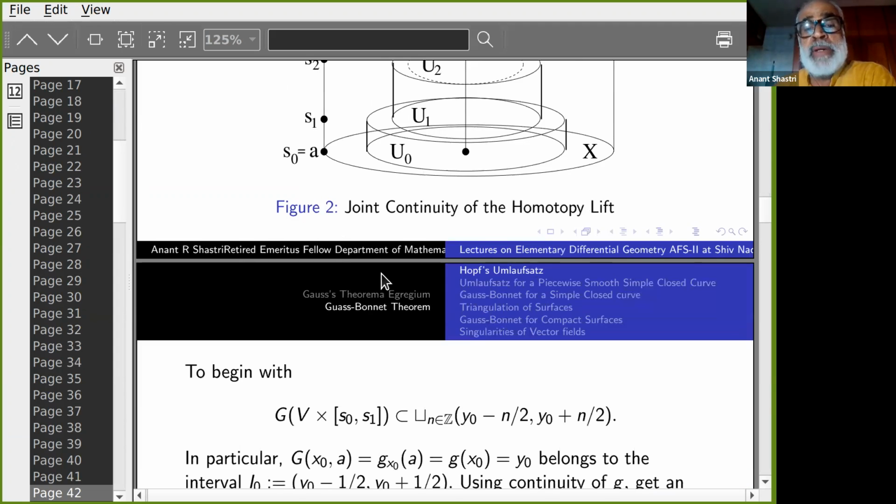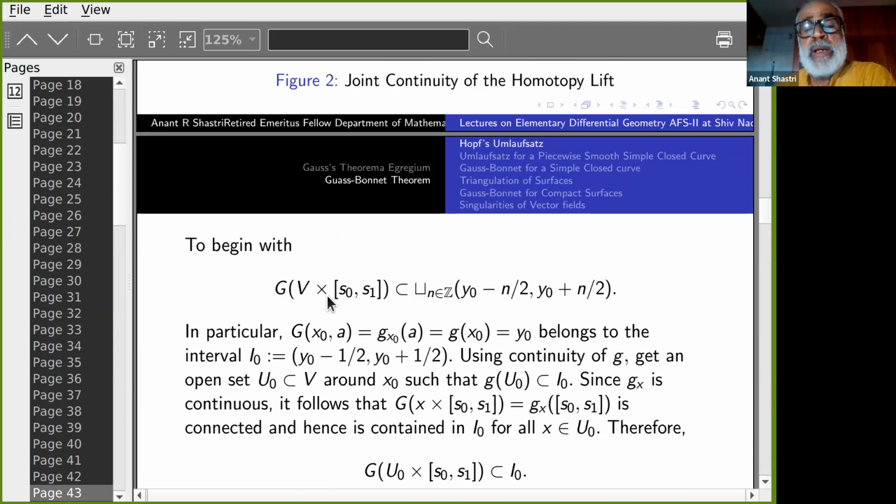So what you have is G of V cross S1, where S0 to S1 is contained inside the disjoint union of the intervals Y0 minus n by 2, Y0 plus n by 2. This is the starting point we have. The whole of V is true, but what we want is at x0 comma A, that is S0, the function G x0 A, and that is given to be continuous.